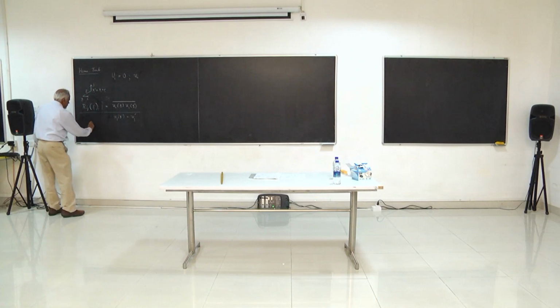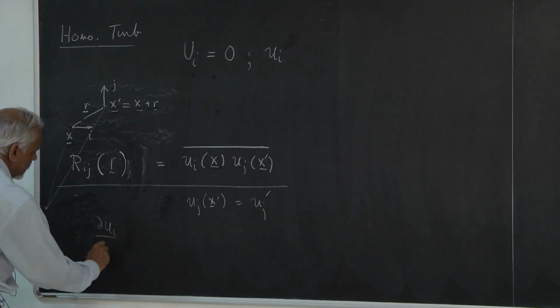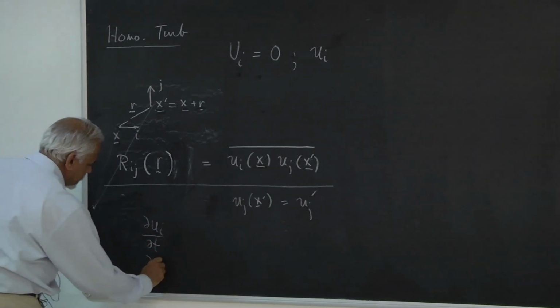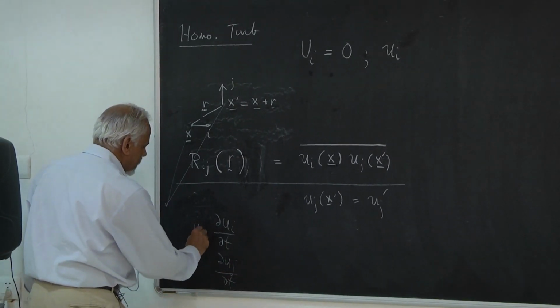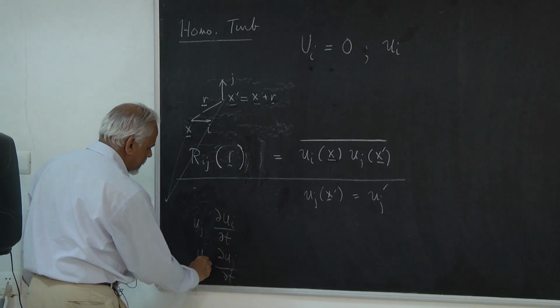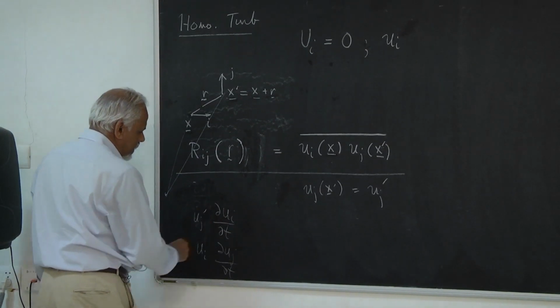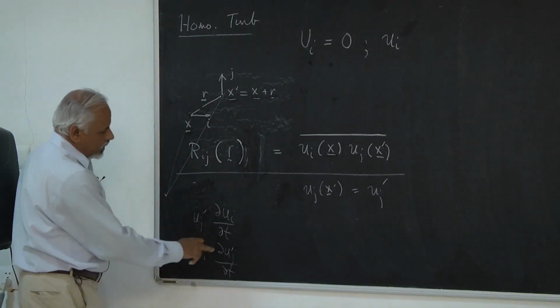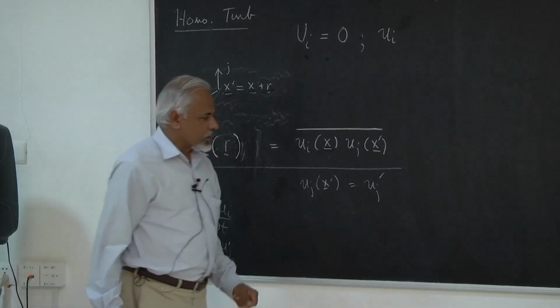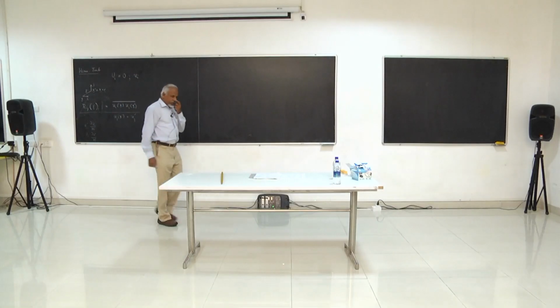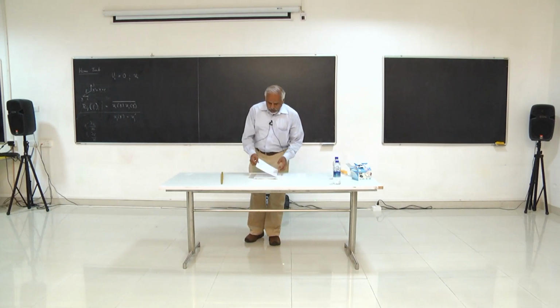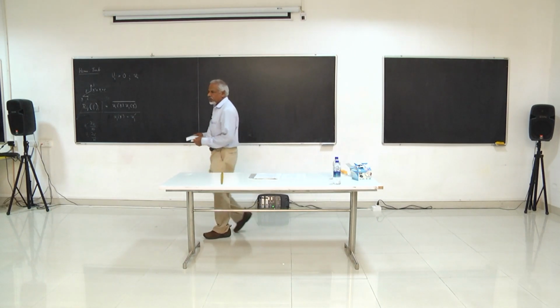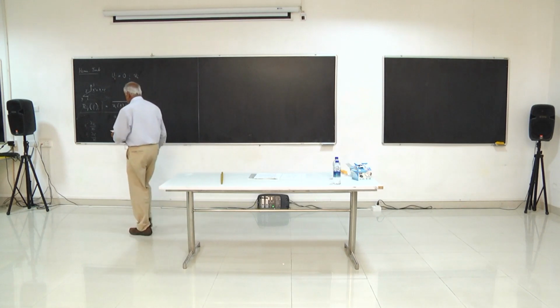As I said, I have an equation for ui and an equation for uj, and you multiply this by uj prime, and then you have all the terms on the right hand side. You rearrange them, which I would be happy to do. I have them here, but I think it's better that I skip all that and write the final equation for you.